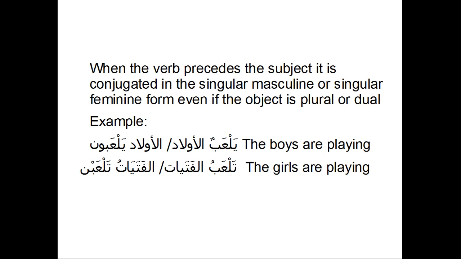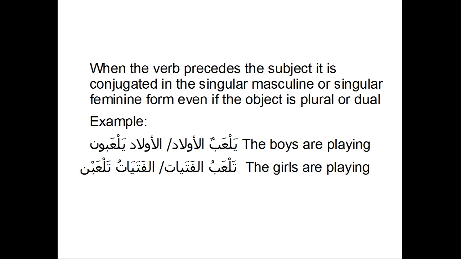When the verb precedes the subject, it is conjugated in the singular masculine or singular feminine form. Which means if the verb comes before the subject, I won't conjugate it in the plural form.